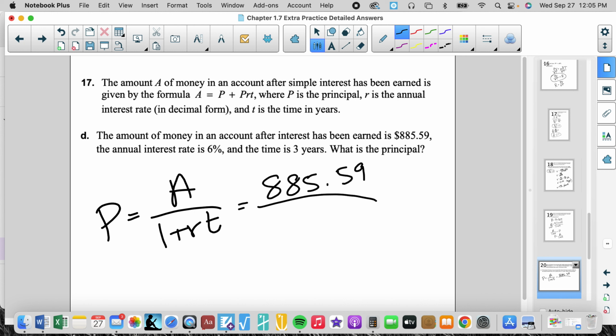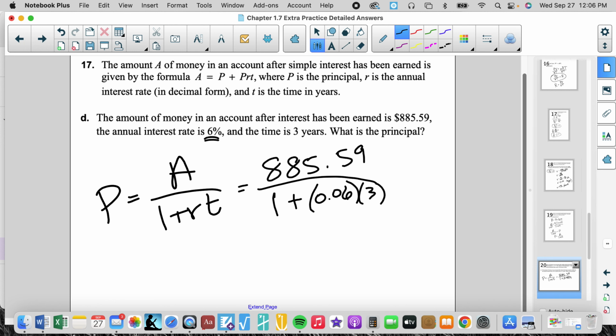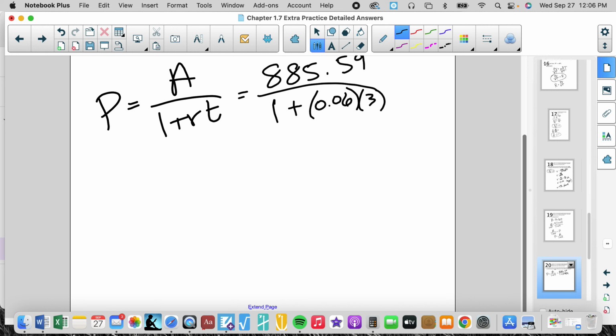$885.59 over 1 plus the rate, 0.06, times the time, which is 3 years. So we have to convert that percentage into a decimal because you can't multiply a percentage. You have to turn it to a decimal or a fraction.